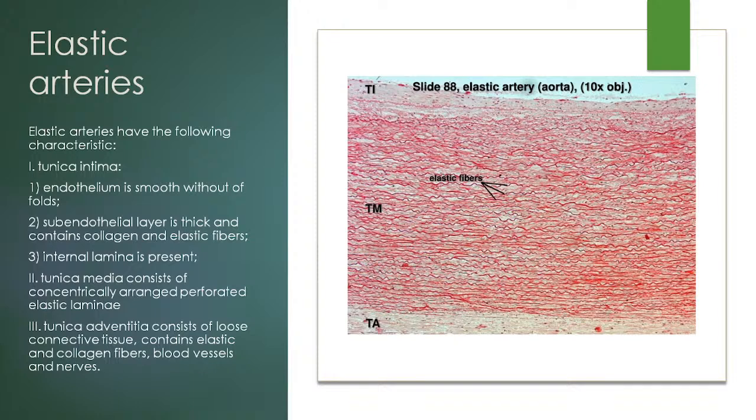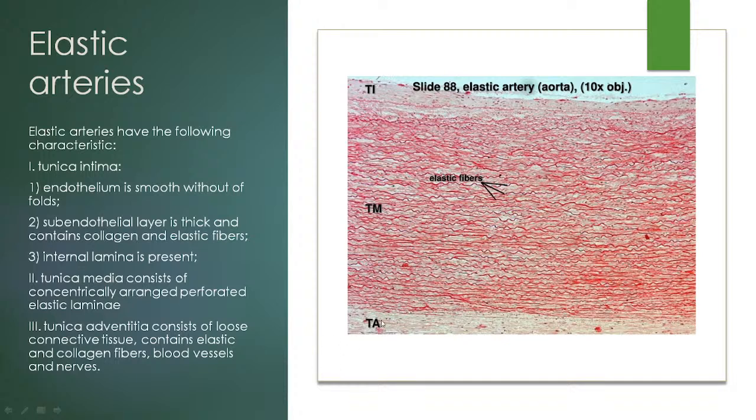You can see Tunica Media in the aorta is very thick and consists of perforated elastic lamina. And we can see a small amount of smooth muscle cells between layers of elastic lamina.